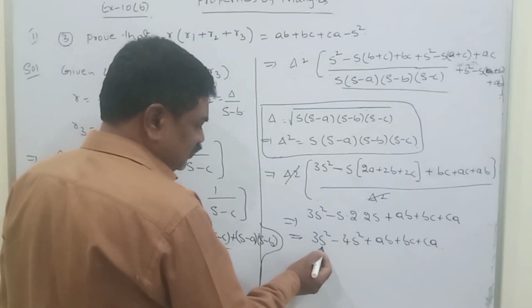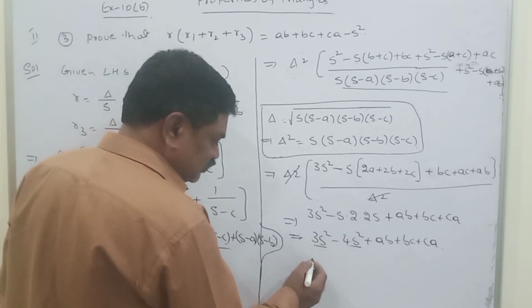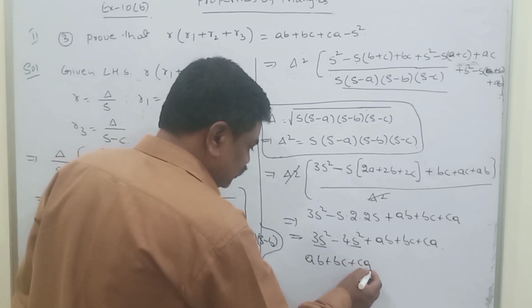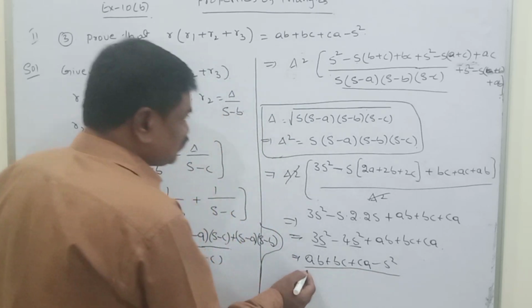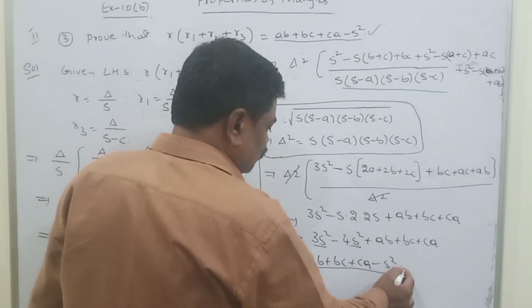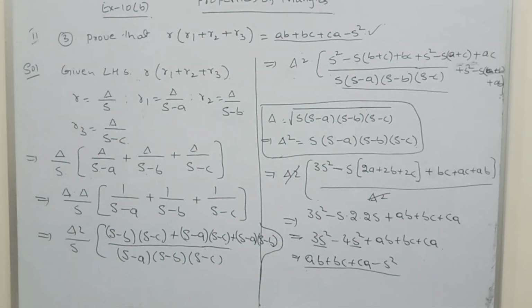Then 3S square minus 4S square is minus S square. Then AB plus BC plus CA minus S square. This is the RHS of the problem.